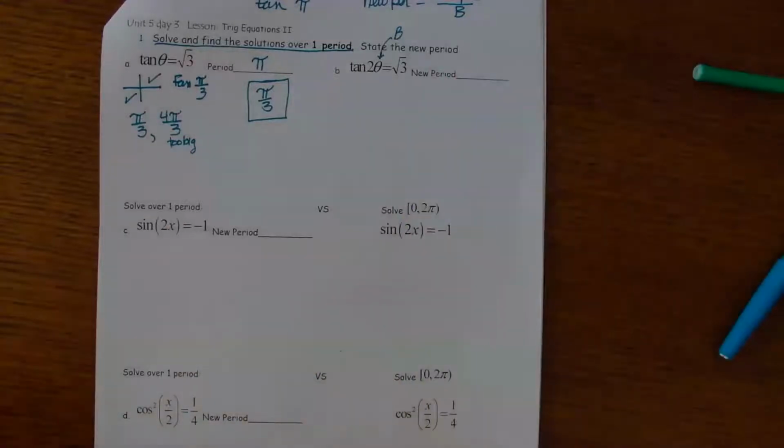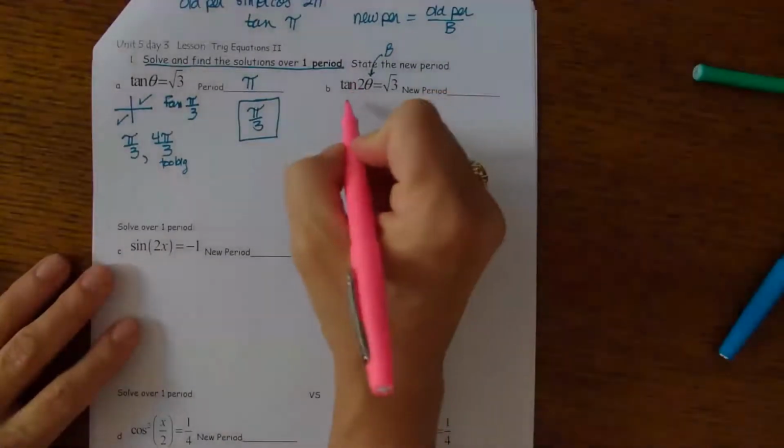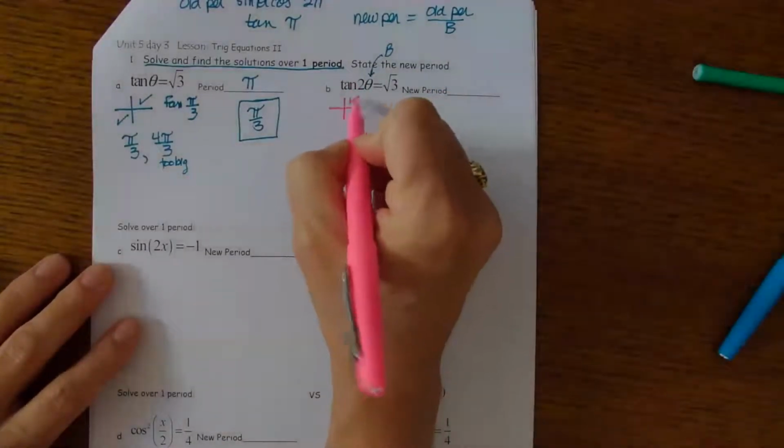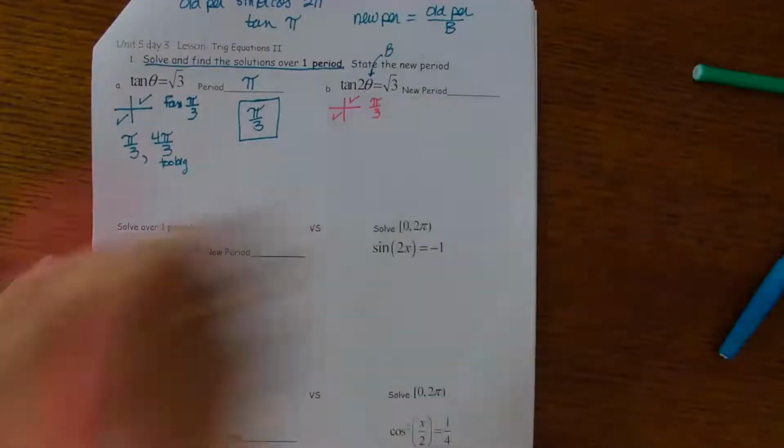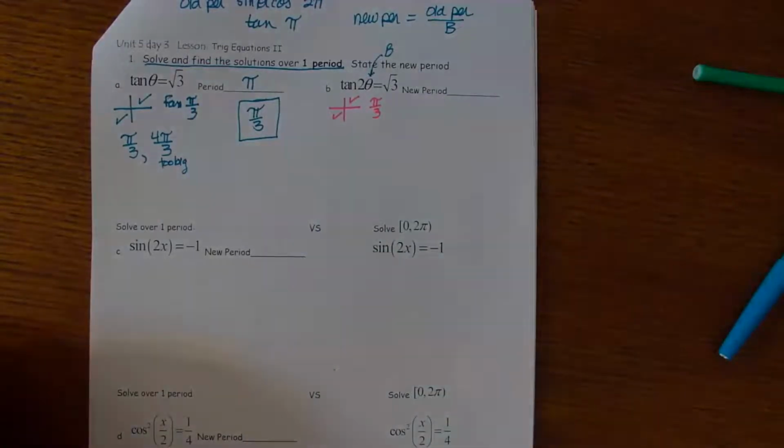I'm not even going to worry about the period first. Before I do anything, I want to try to do what I already know how to do. So again, tangent is positive here and here, and that's the pi over 3 family, right? That's a pi over 3 family because it's the square root of 3. That I have to bring with me.